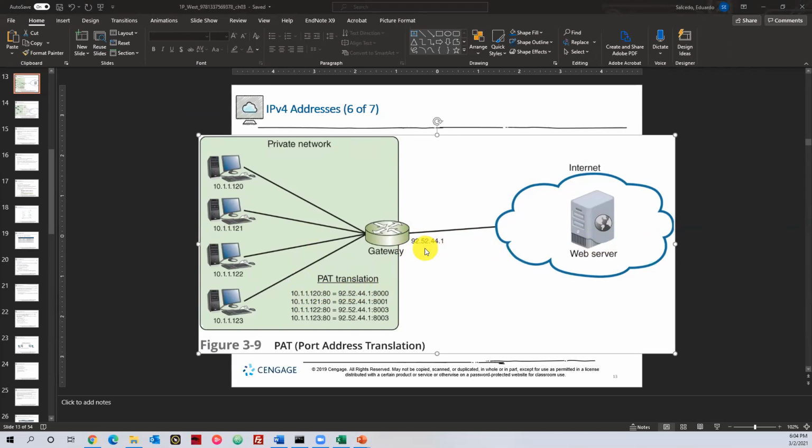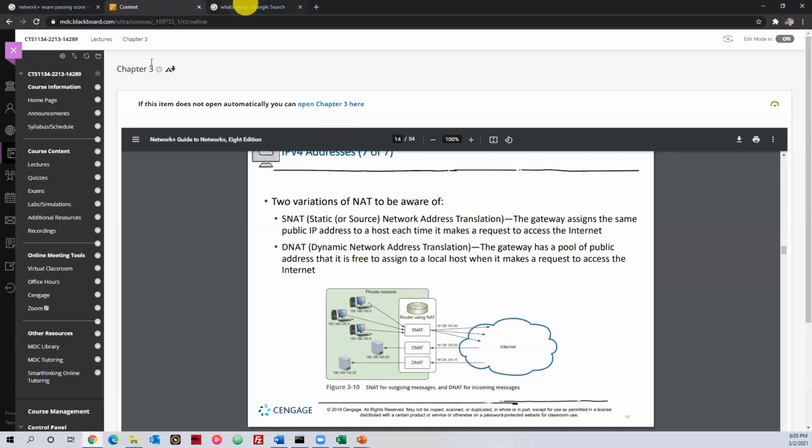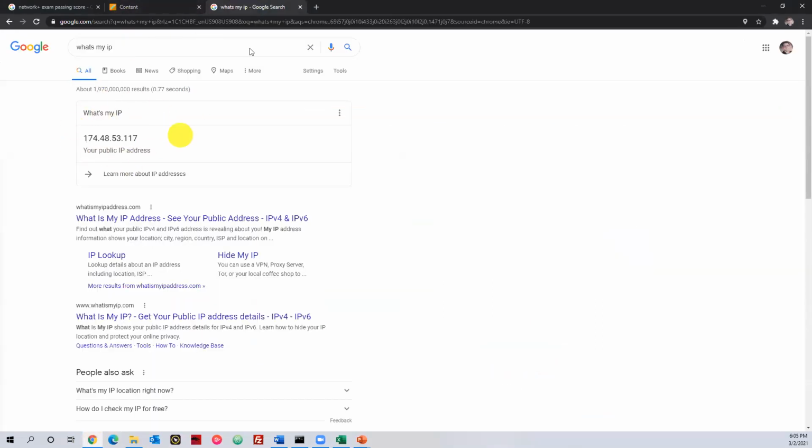Each computer will be uniquely identifiable as it goes out through a gateway to the internet or another network. This would be the IP outside, and these would be the IPs inside this private network, like your house or your office. Oh, okay. And then this here would be what we found when we went to what's my IP, right?